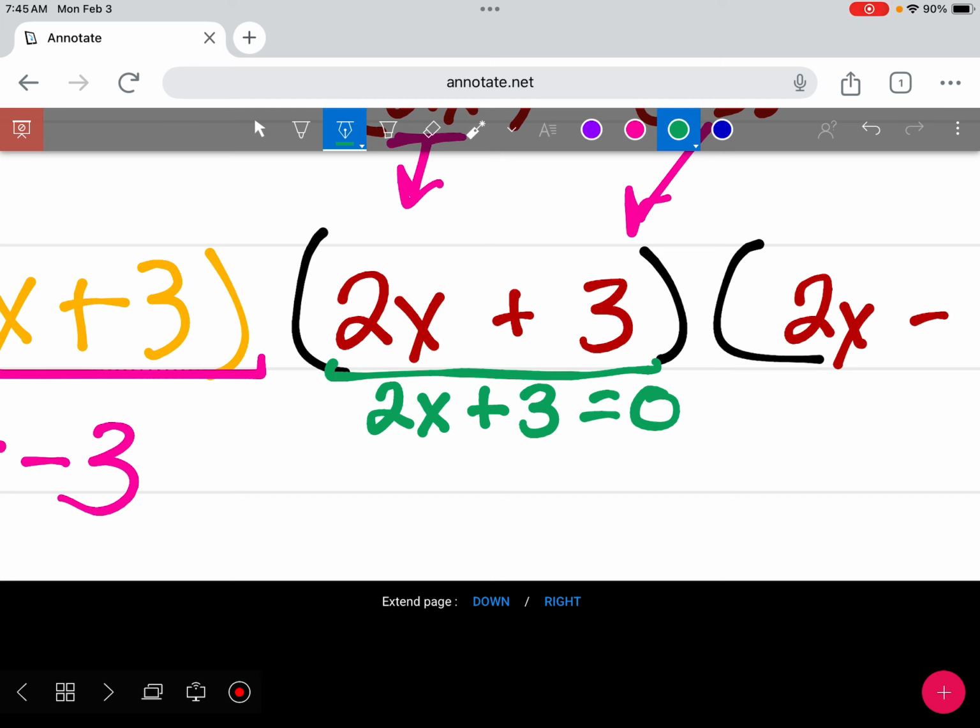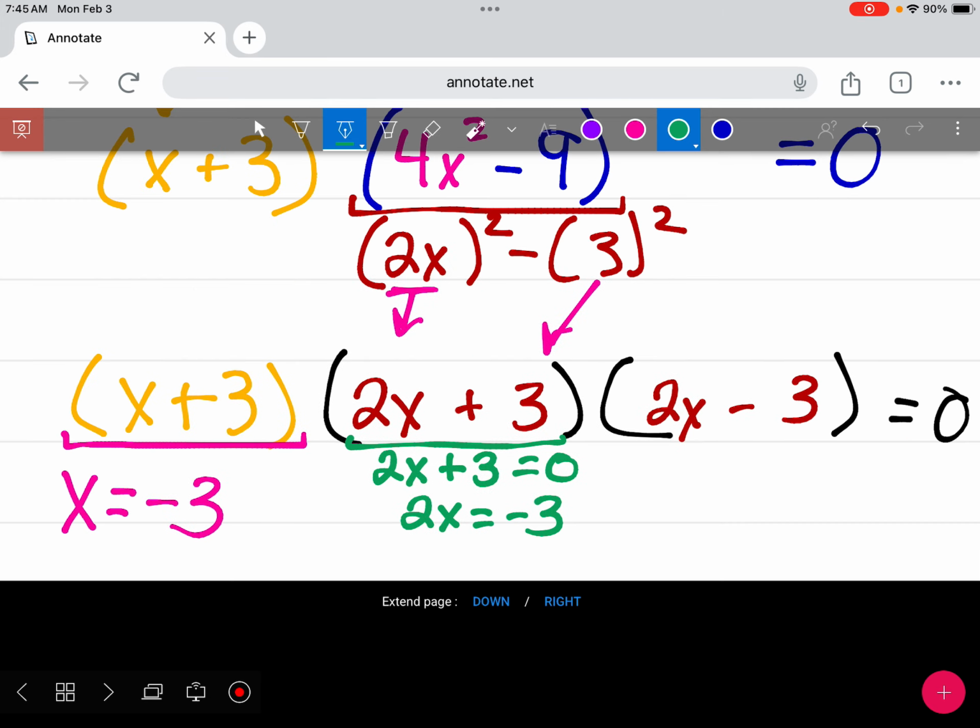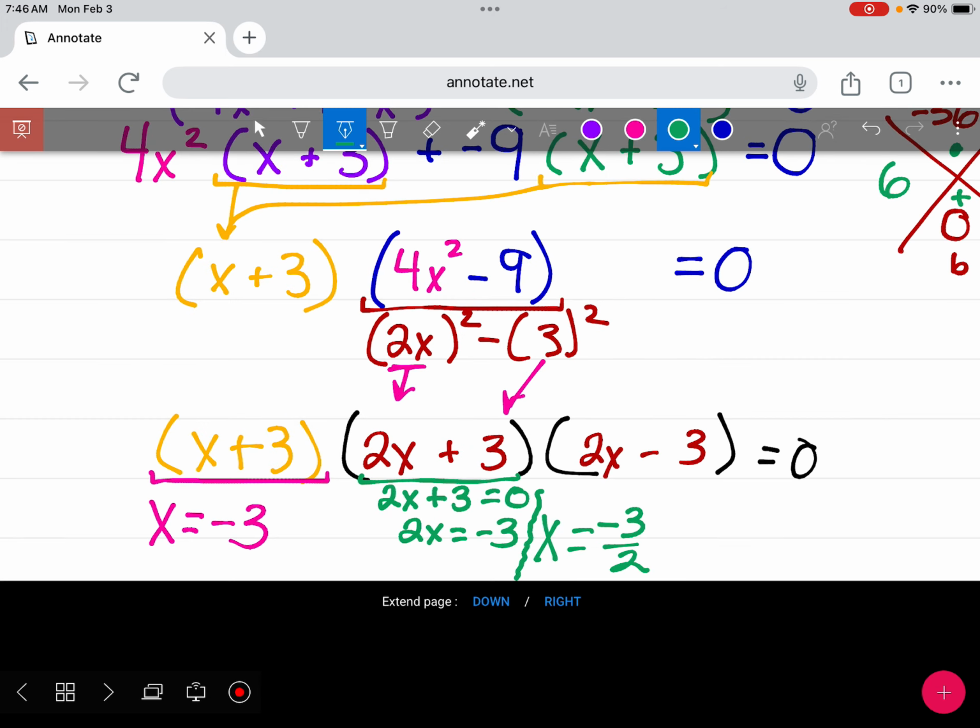What do we do to figure out what x is going to be? Subtract 3. So we're going to have that 2x equals -3. So what does x equal? -3/2. -3/2, -1.5. And I do not care if you write it as decimals or fractions. They mean the exact same thing.